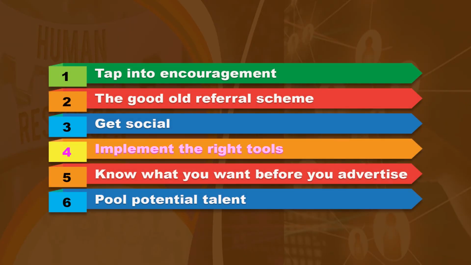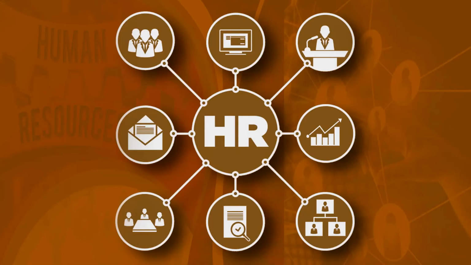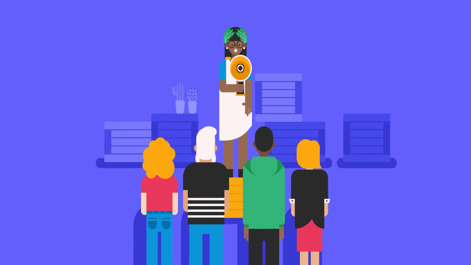The fourth way is implement the right tools. Recruitment tools: to effectively create, manage, and be successful in any campaign, strategy, or initiative, a business needs the right tool in place. This is not just the case for talent attraction, but also HR, IT, project management, or any element of a brand that contributes to its successful day-to-day running.